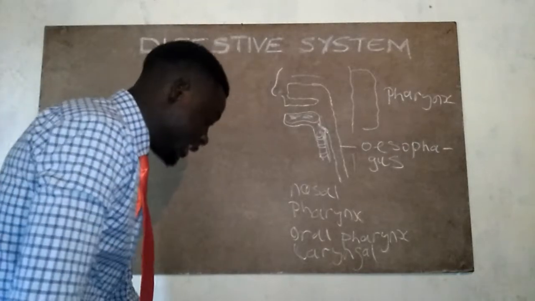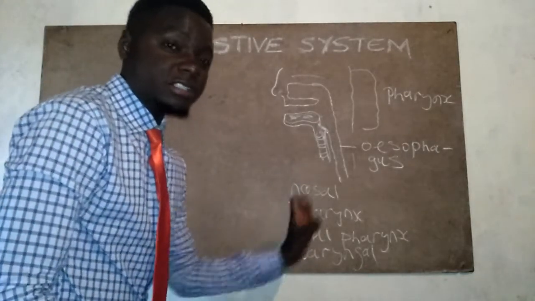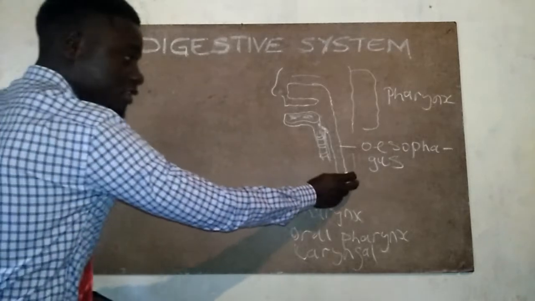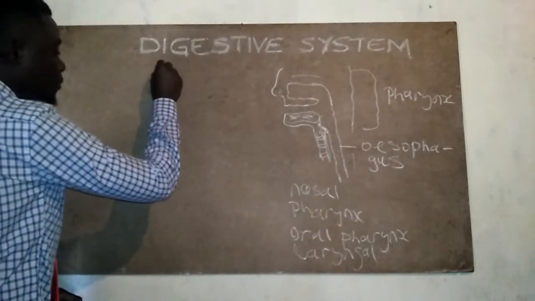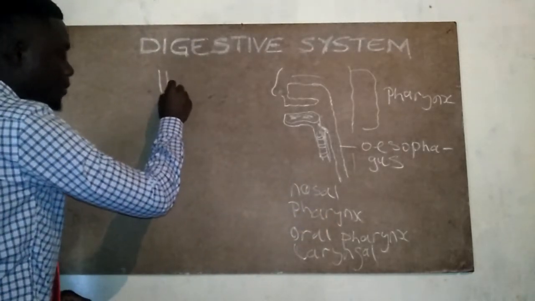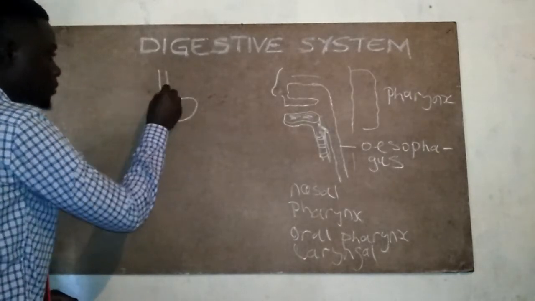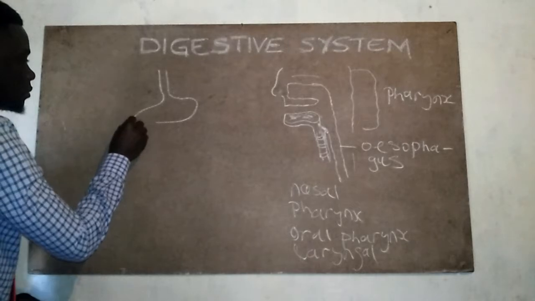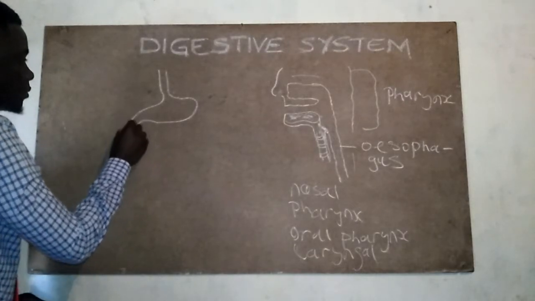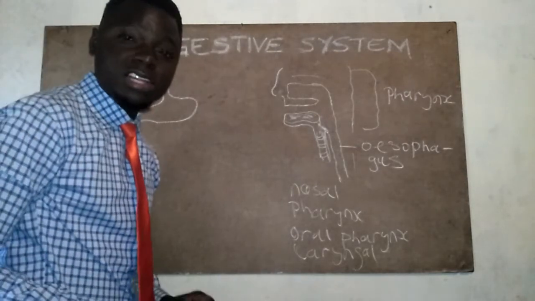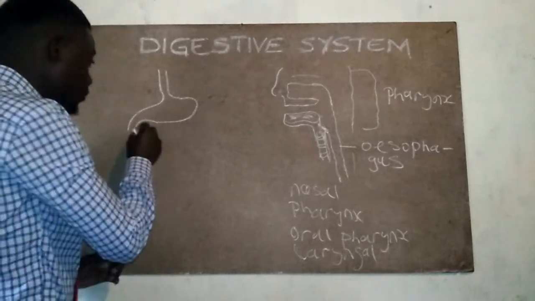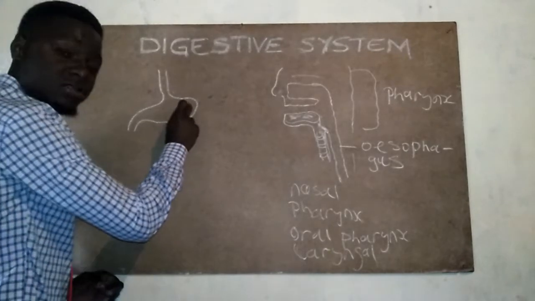Here is another diagram which shows the complete digestive tract. So here is the esophagus. Down here we have the stomach. And the stomach is in three parts. There is the fundus of the stomach.